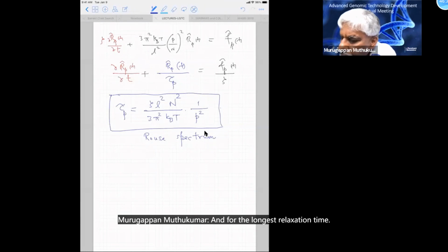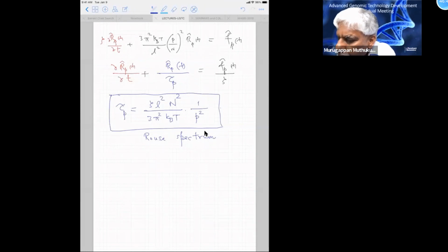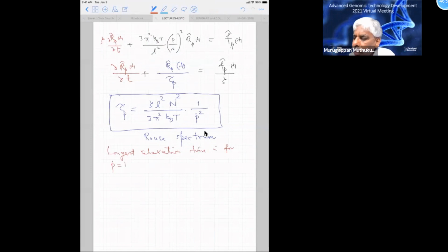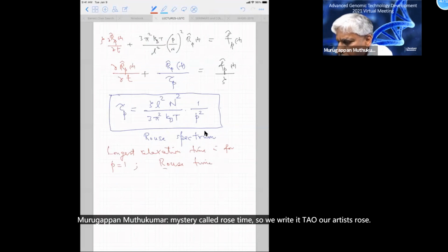Therefore, the longest relaxation time is for P equal to 1, which we call the Rouse time.